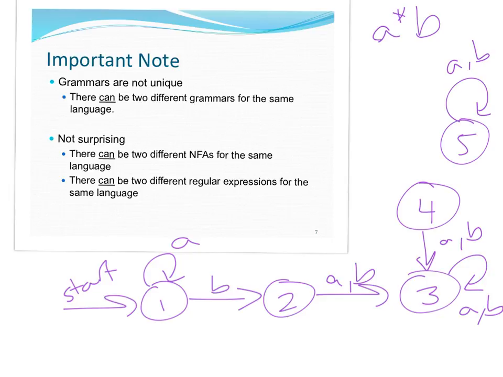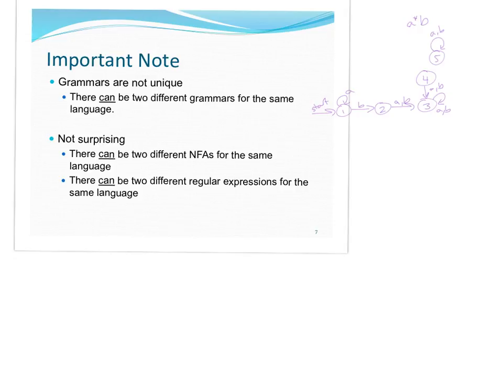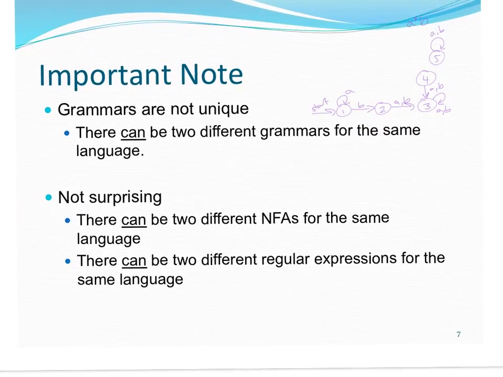So let me squidge that down and make this one back to full size. So, you know, we can have two different NFAs for the same language. We can have two different DFAs for the same language. There can be multiple regular expressions for the same language, right?